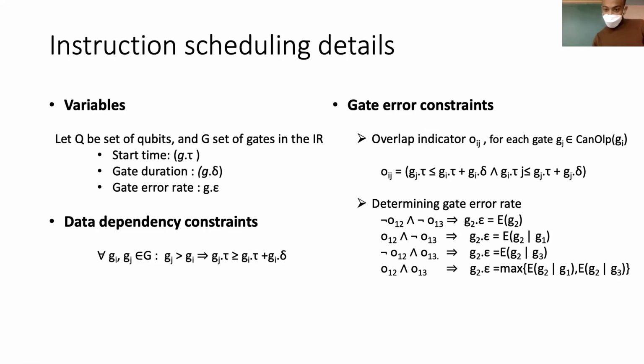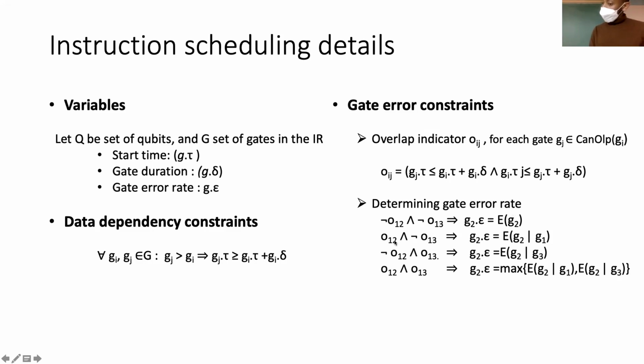I think I have a typo here. Anyway, this relationship shows we can determine whether those two gates overlap. If they do not overlap, we represent them with the single gate error, so the gate error rate of this gate is determined by its single gate error.